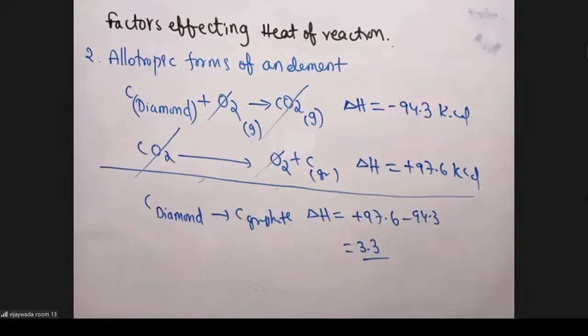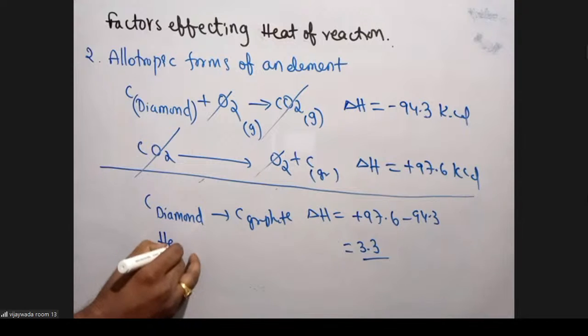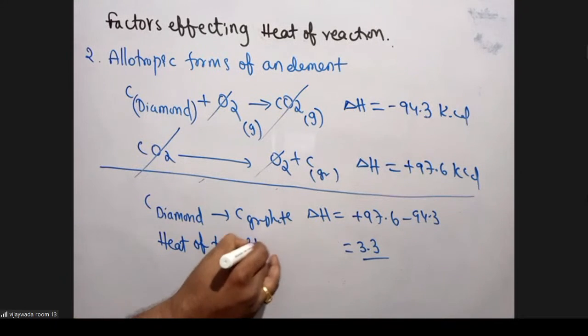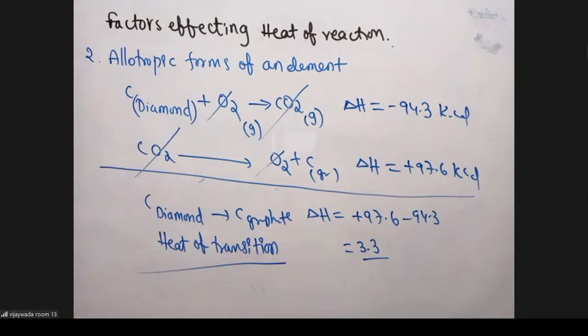Understood? This is called heat of transition. One allotropic form converted into another allotropic form, that kind of process is called transition.